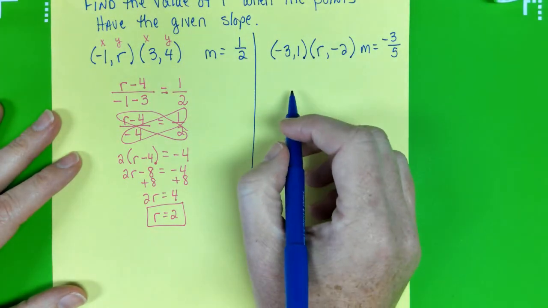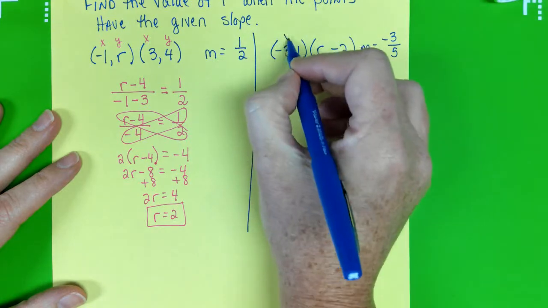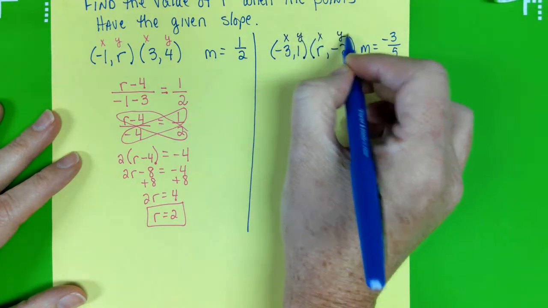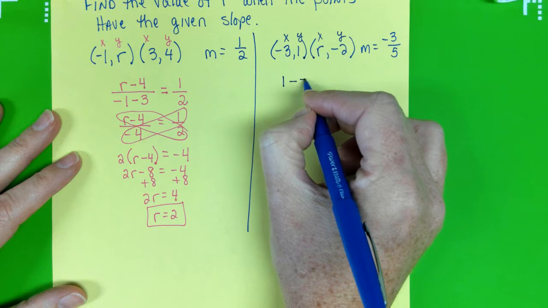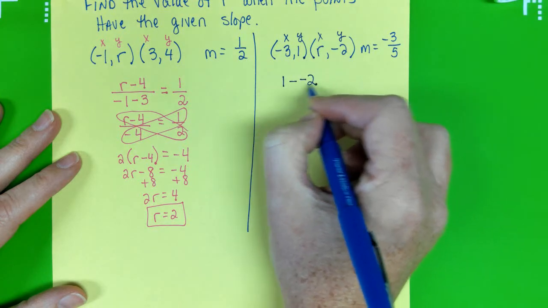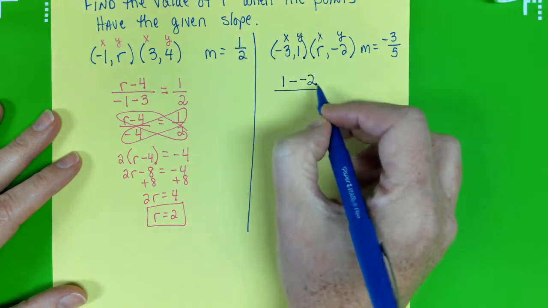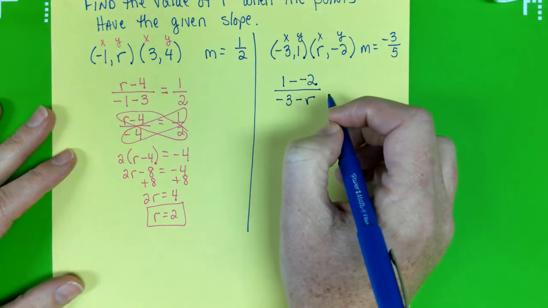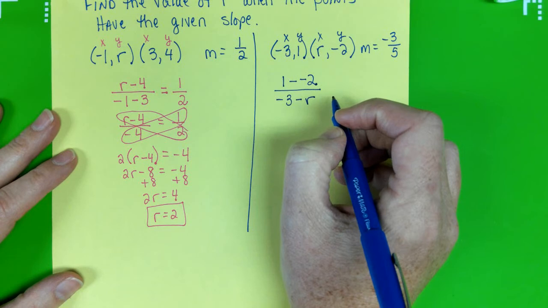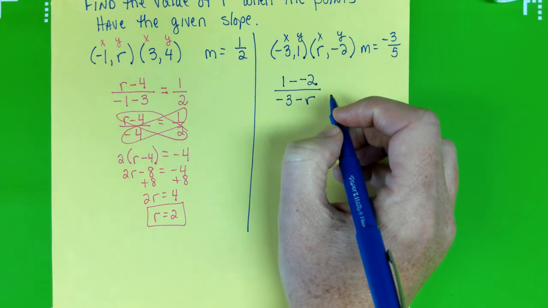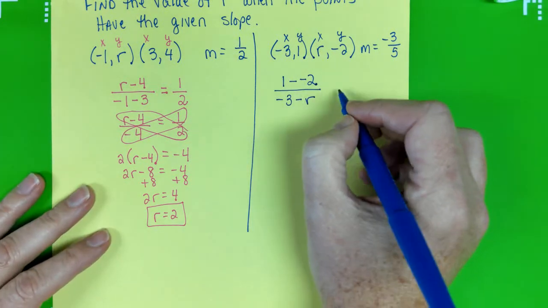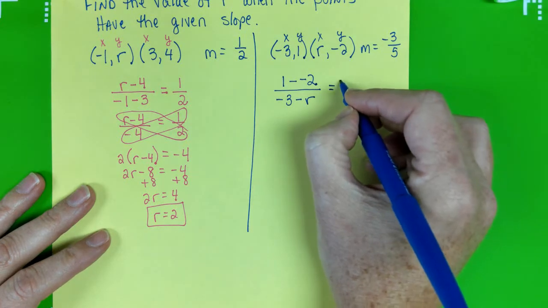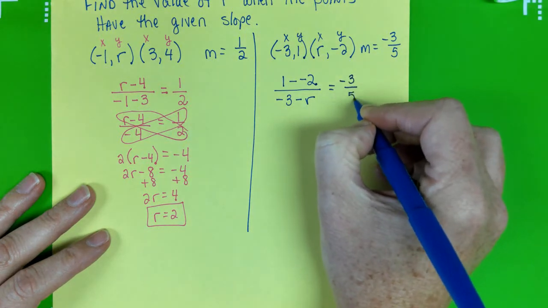Okay, I'm going to set up my slope formula. I'm going to subtract my y's on top. 1 minus -2. I could have said it the other way around. Over -3 minus R equals -3/5.